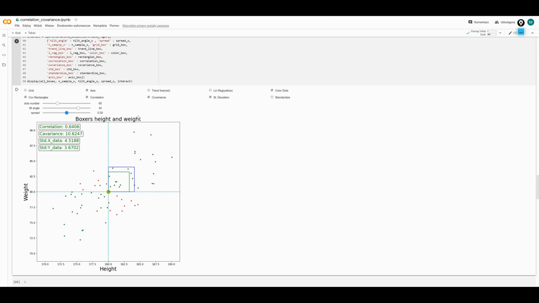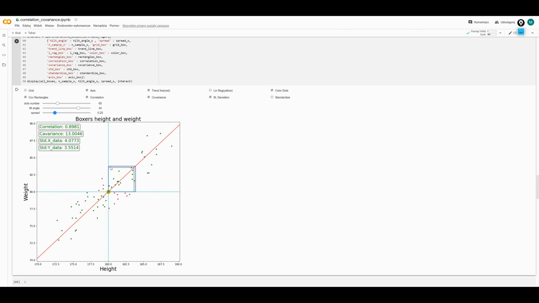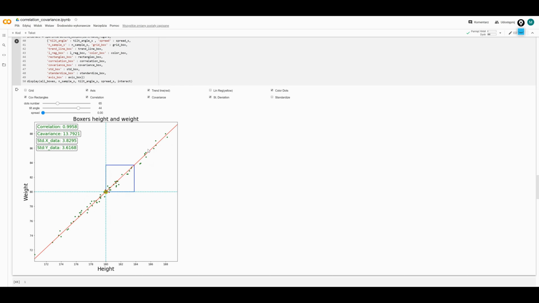As you can see, the farther the dots are from the red line, the smaller this rectangle becomes. The closer they are, the bigger it becomes. In this case, it's almost at maximum level, because this blue rectangle is the maximum covariance that we can get, the maximum surface.